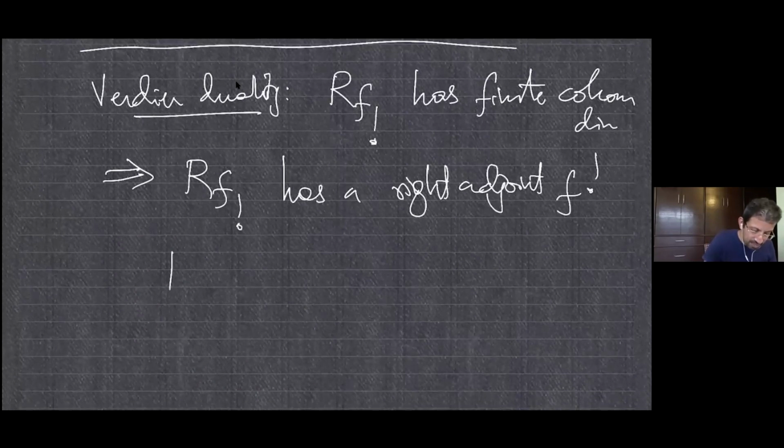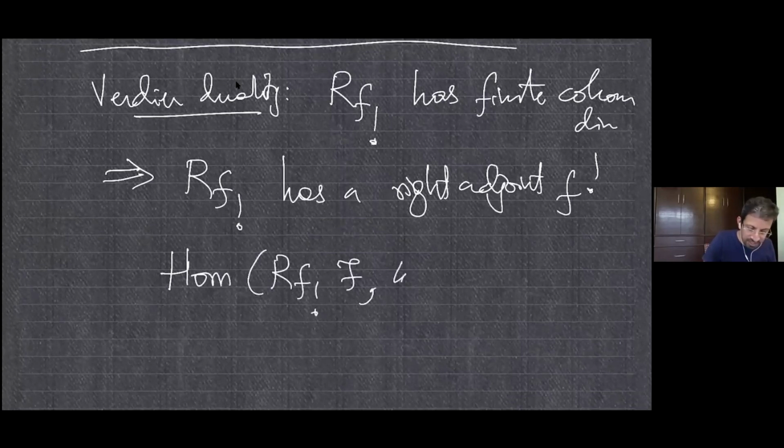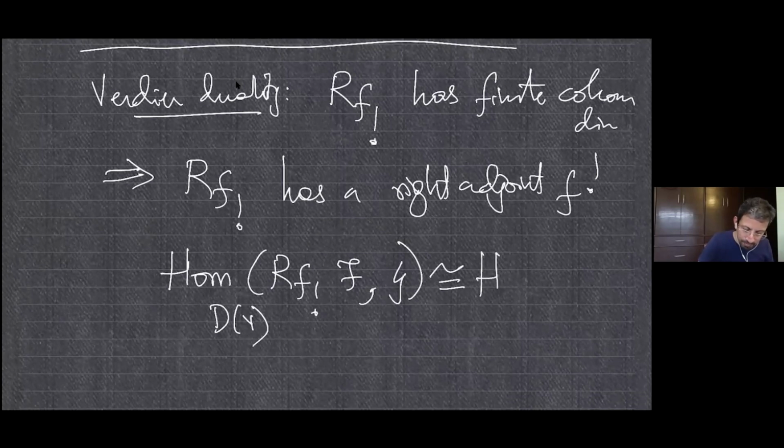So the statement is that Hom of Rf lower shriek F, G in the derived category over Y is isomorphic to Hom of F, f upper shriek G in the derived category over X.